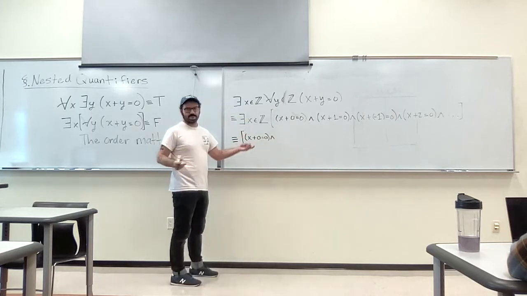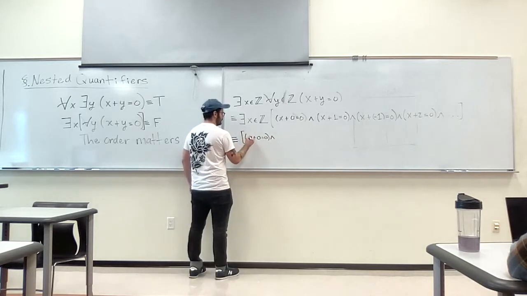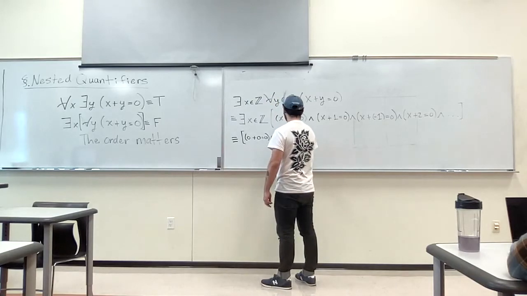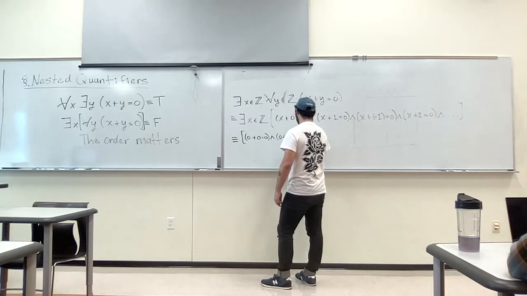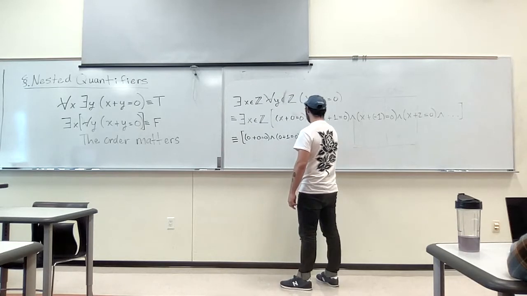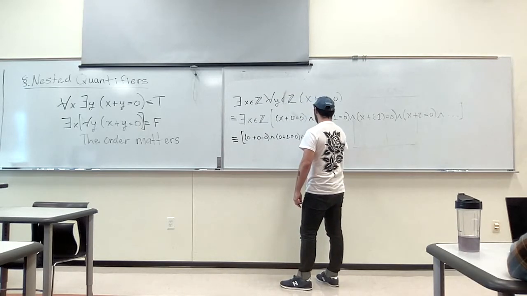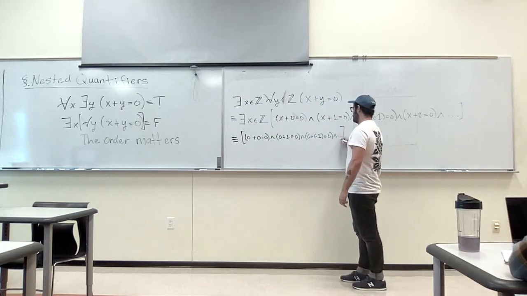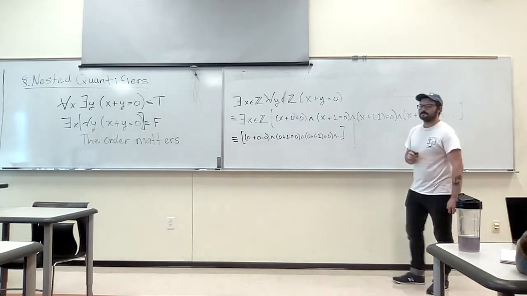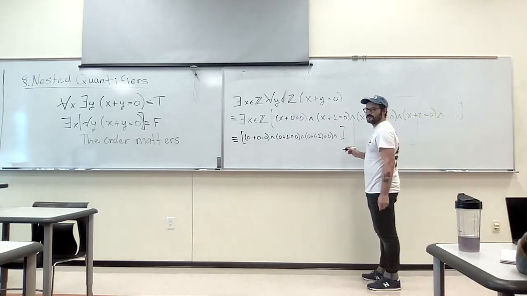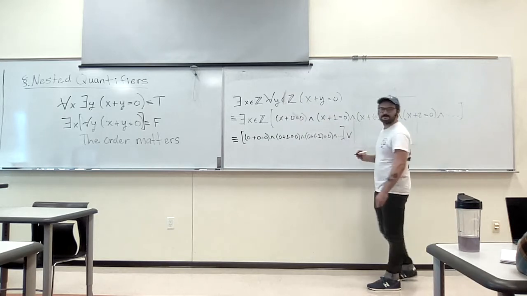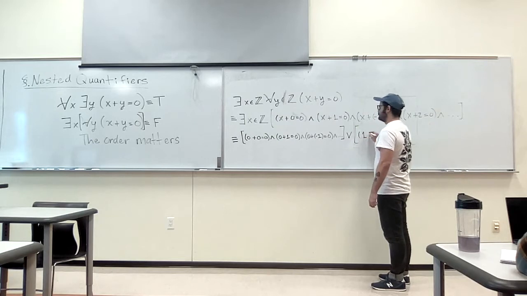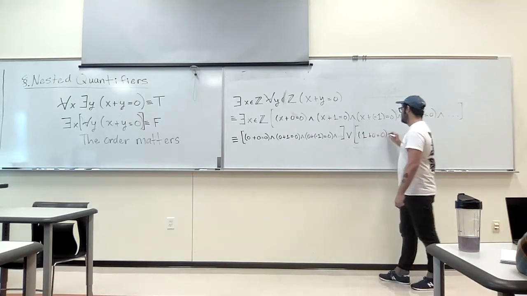So I picked one, let's start at 0. And 0 plus 1 is equal to 0. And 0 plus minus 1 is equal to 0. And dot, dot, dot. And then do it again for the next integer. But now we have an or. Right? So the next integer will be 1 plus 0 is equal to 0.